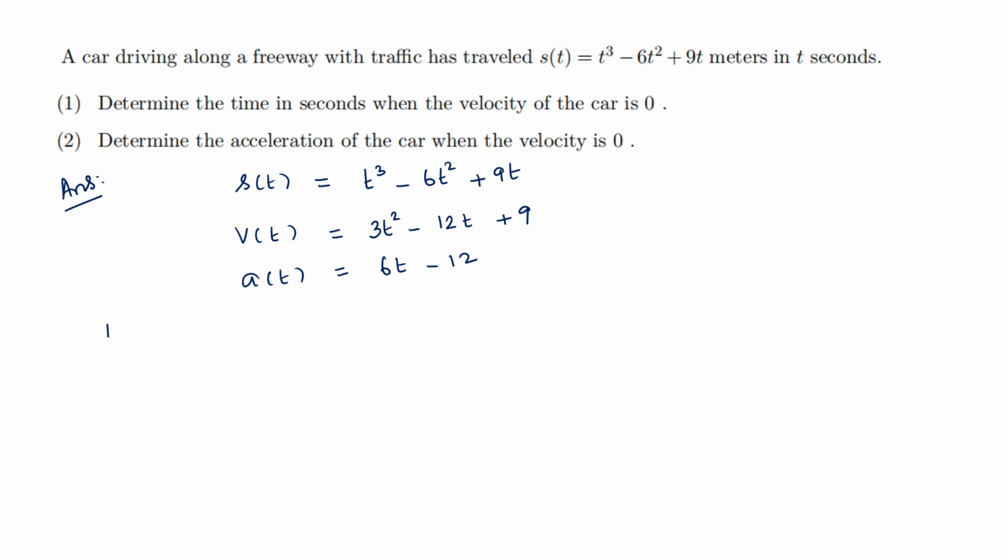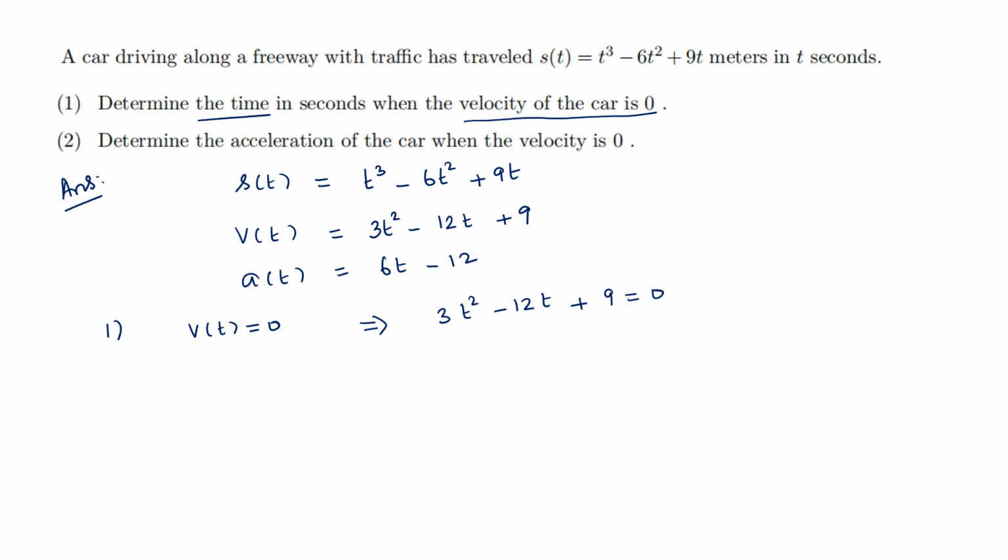So first question answer. v of t equal to 0. Velocity of the car is 0. What is the time it is asking you? v of t equal to 0. This gives 3t square minus 12t plus 9 equal to 0.